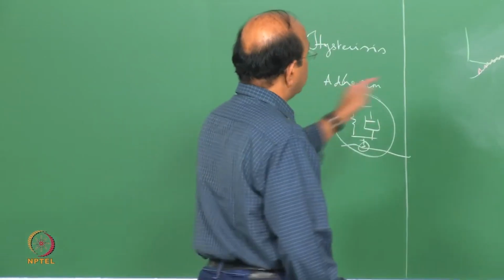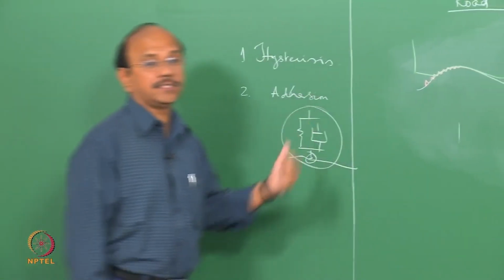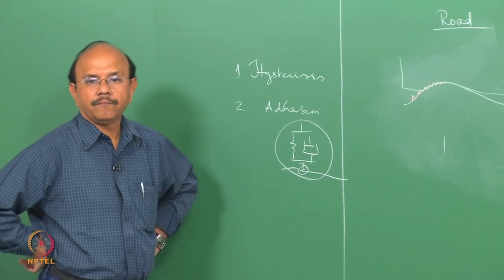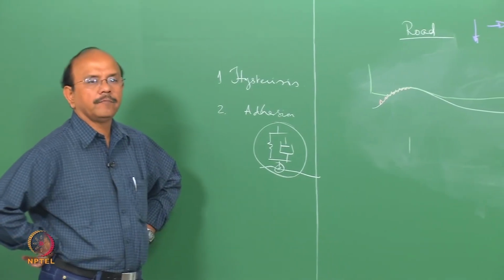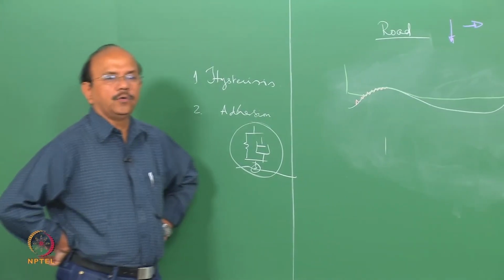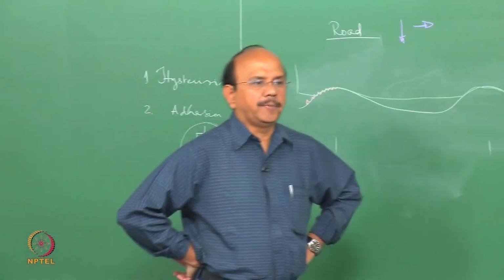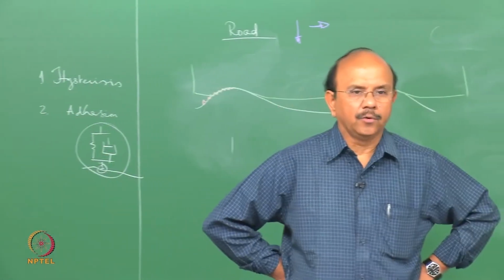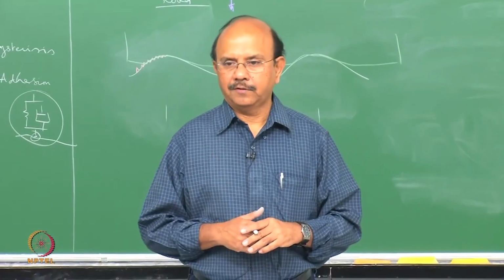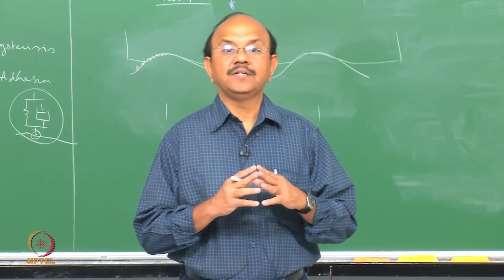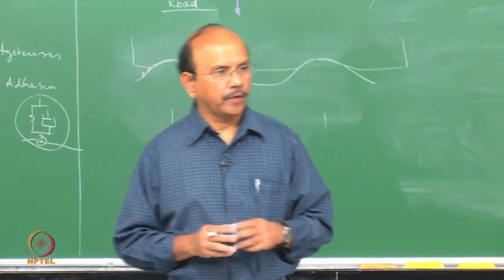Right. But what happens here? What is this hysteresis, and what happens here? That's a very interesting phenomenon. And we already know that when a rubber piece is subjected to loading and unloading, it loses energy through this phenomenon of hysteresis. Okay.